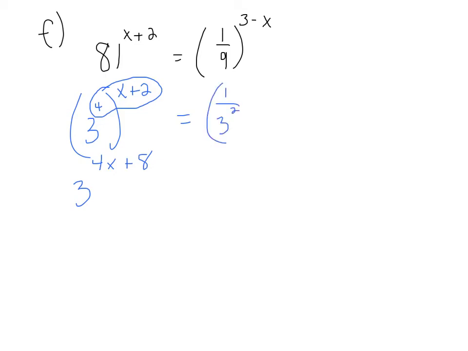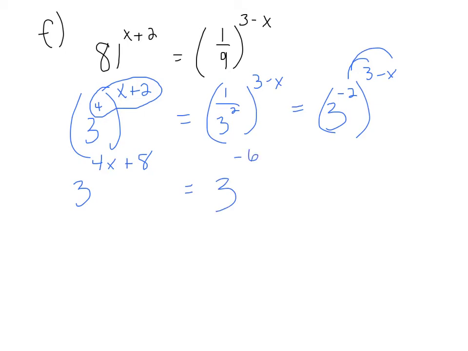But if you want to deal with that power on the outside, the 3 minus x, you need to rewrite that as 3 to the -2nd power to the 3 minus x. Because now you can do the same thing we did on the left side. You can distribute. So it actually says 3 to the -6 plus 2x power.